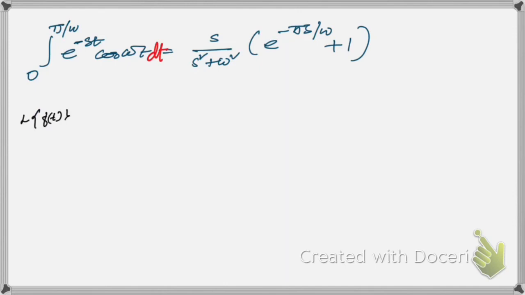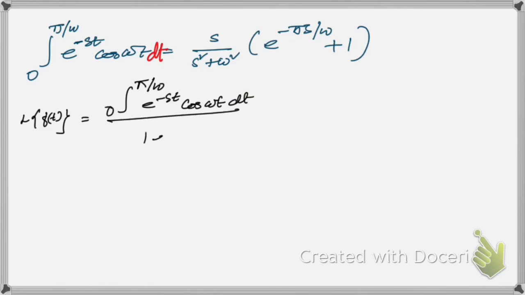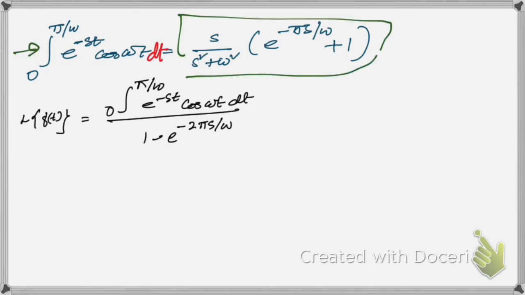Then the Laplace transformation from equation number 1 is the integral from 0 to pi by omega of e to the power minus st cos omega t dt divided by 1 minus e to the power minus 2 pi s by omega. This is from equation number 1. If you put this value of integration here, then you're going to get this result.